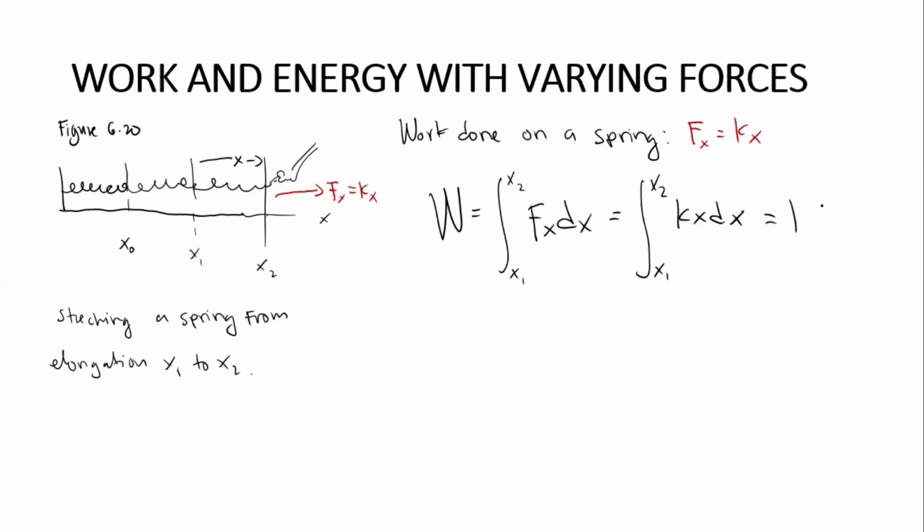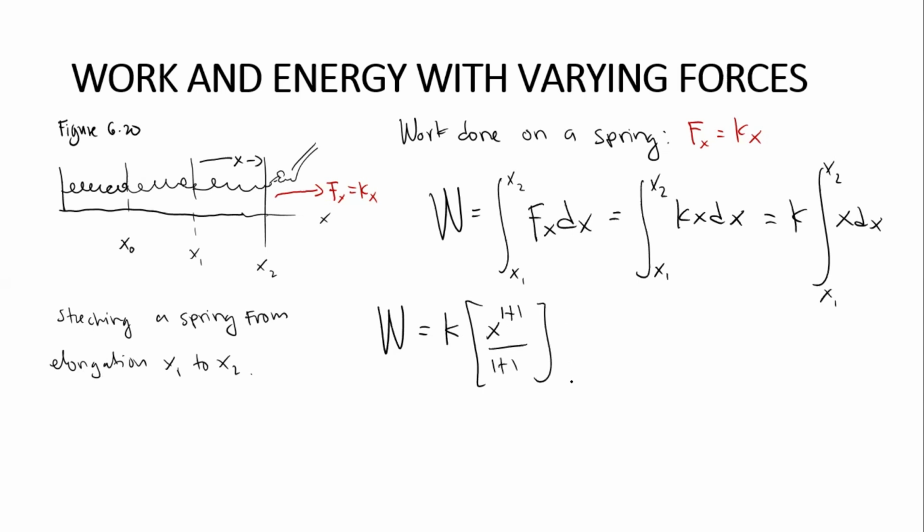We can put k outside, so we have k times the integral from x1 to x2 of x dx. The integral of x to the n is x to the n plus 1 over n plus 1, evaluated between the boundaries x1 to x2, which gives one half k x squared.